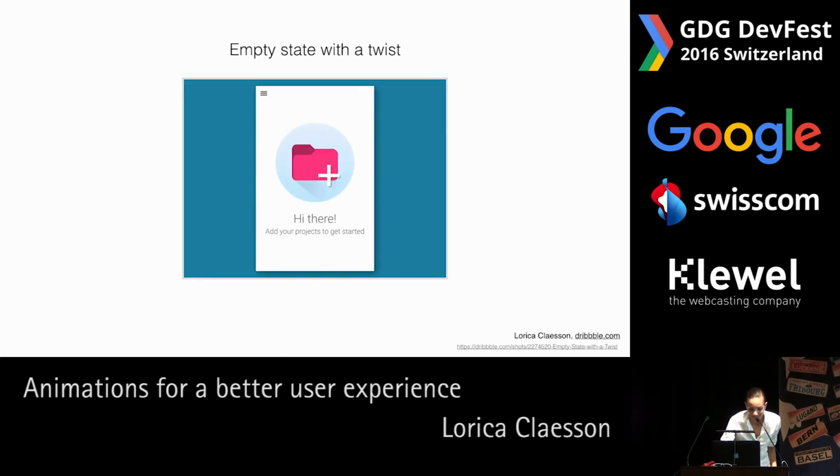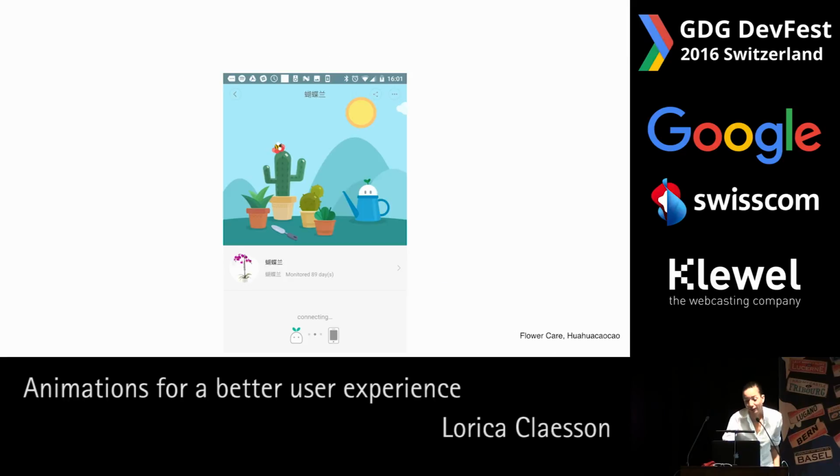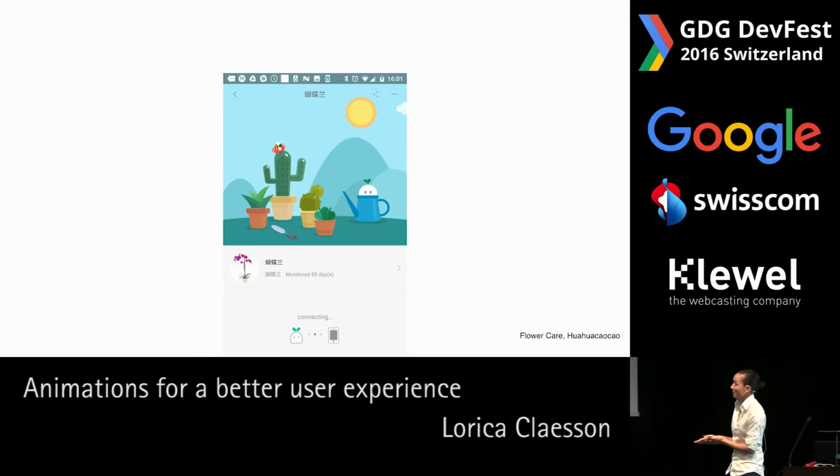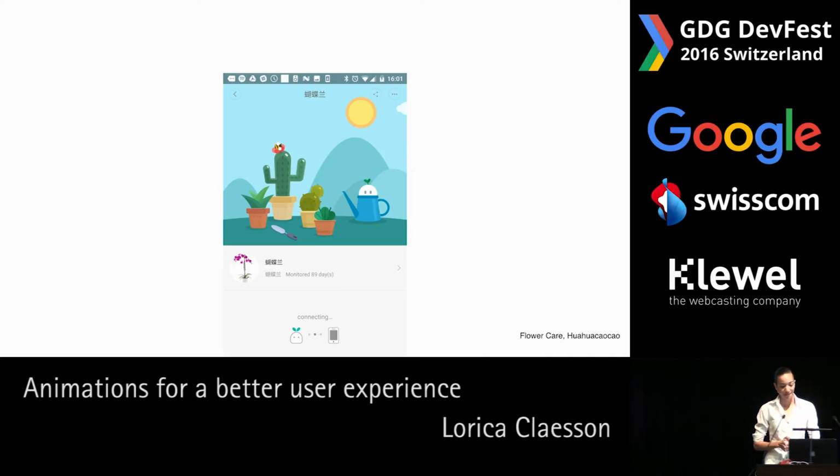Okay, so then another super cute thing. I can't quite categorize this actually. It's the app of a Chinese plant monitoring system. So you have little sensors, and they measure the soil temperature, the moisture, the fertilizer, and everything.